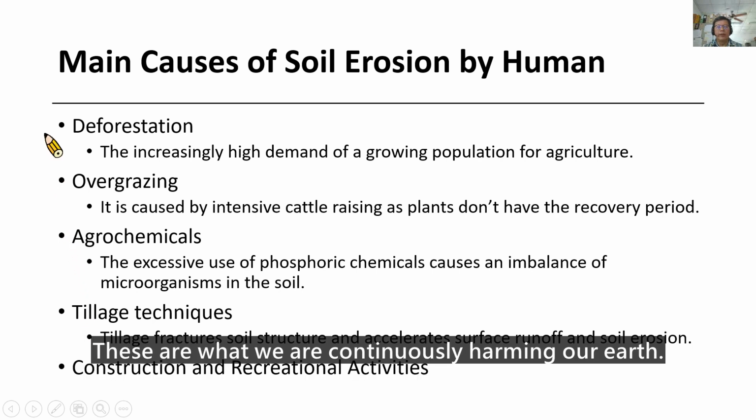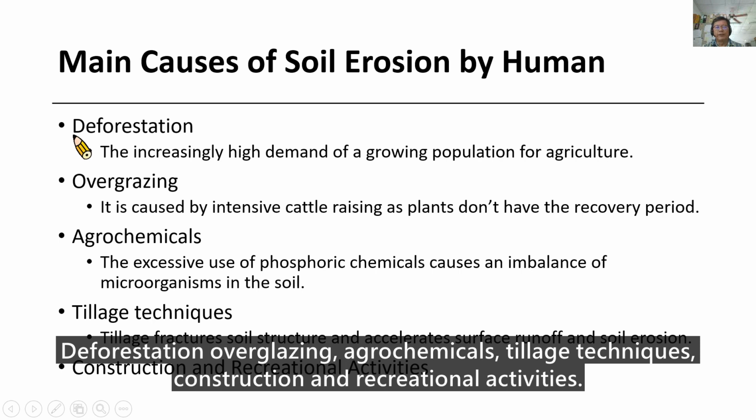These are what we are continuously using to harm our earth: deforestation, overgrazing, agrochemicals, tillage techniques, construction, and recreational activities.